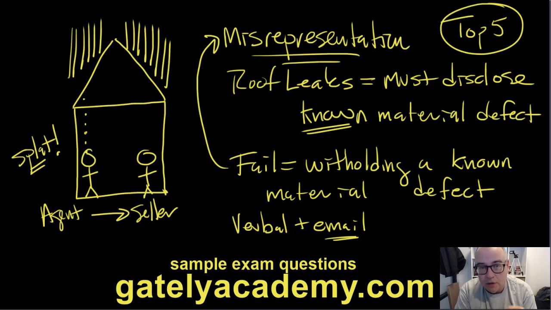So I usually tell them verbally, "Hey, we've had a history of a leaky roof here." And then later on in an email, "Hey, thanks for coming. Once again, just want to remind you about the leaky roof issue we've had." And that way I've disclosed it, probably in a little bit more eloquent way than that, but that's the way we disclosed it.